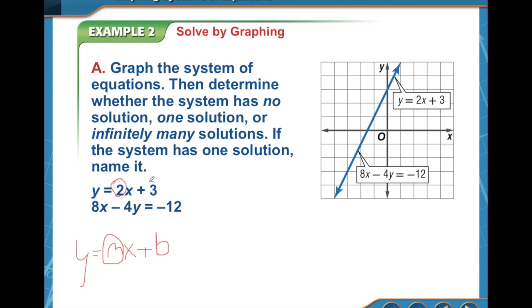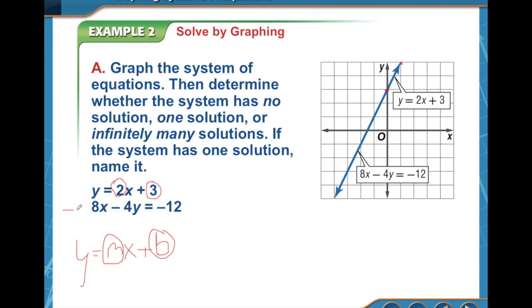And the number added at the end is my y-intercept, where we cross the y-axis. So if we look at a y-intercept of 3, would be 1, 2, 3, and a slope of 2 tells me to go up 2 and over 1. That will get me here. If you were to draw a line between those 2 points, that's how we get this line.